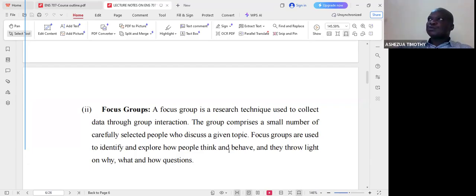This one, you go to a community, you gather like 20 persons, and you ask questions. You go to another community, you gather like 15, 20 persons, you ask questions. Different from one-on-one interview, this one is a group interview. You gather this group, between 10, 15, 20, provided there is more than one person. You need to know this difference.